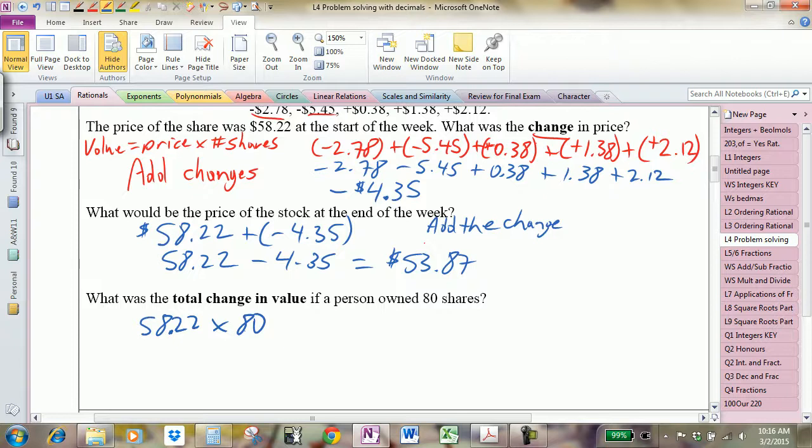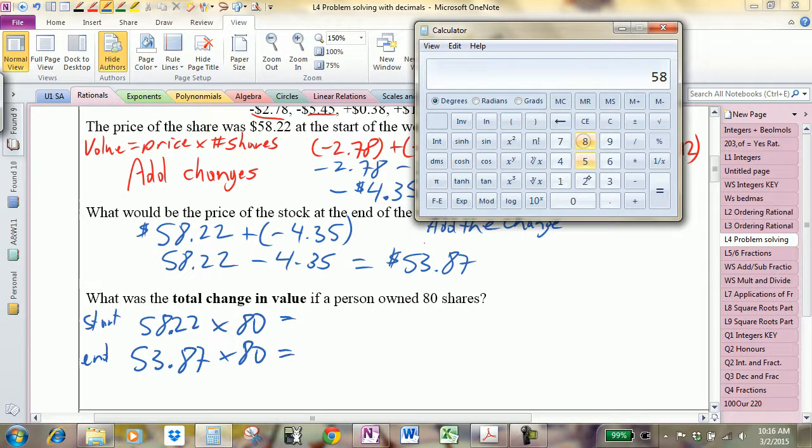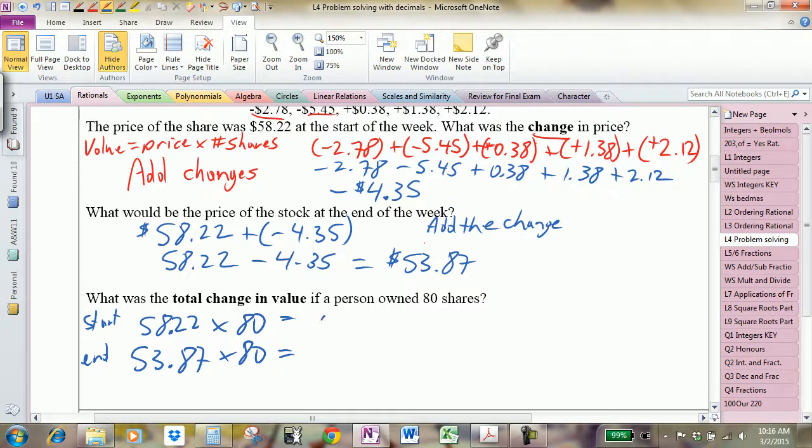And then we're going to take $53.87 and times that by 80. This will equal the start of the week. This will equal the end of the week. So we've got to find his starting cost value and his finishing value.